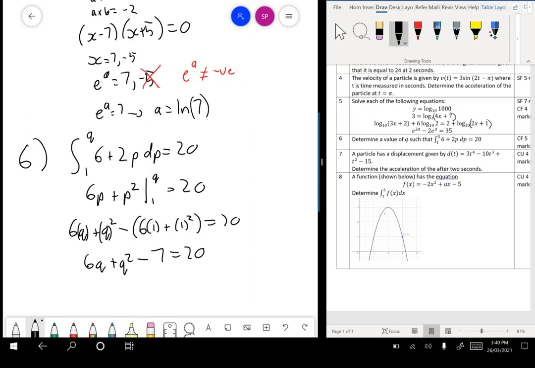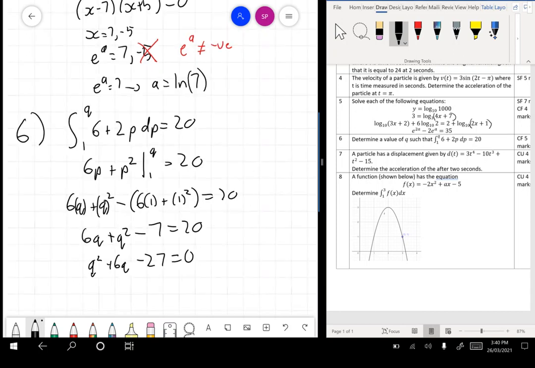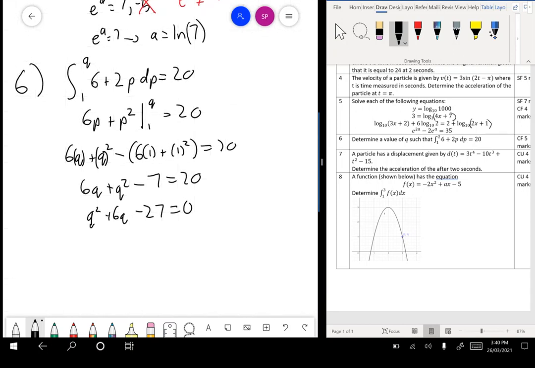We're going to solve it like a quadratic. So I'm just going to shuffle that q squared to the front. Q squared plus 6q, and minus 20 from both sides, which gives us minus 27 equals 0. Much like that previous question, we're just going to do q plus something, q minus something, equals 0.